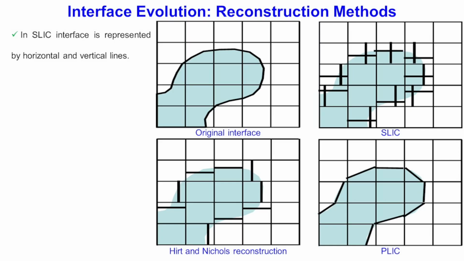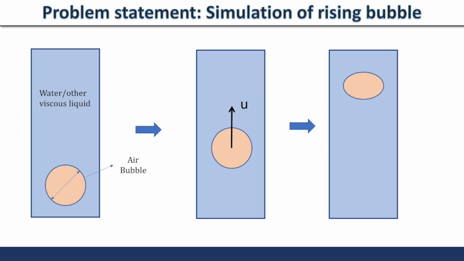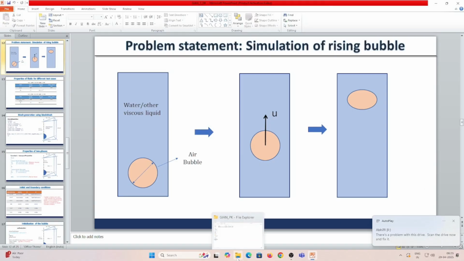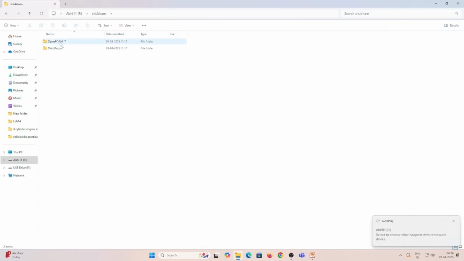So with this theoretical background, let's now try to see the files of the interFOAM solver. Maybe in your computers these files are already loaded, so you can also open and check the files.